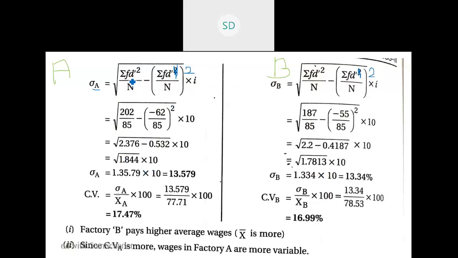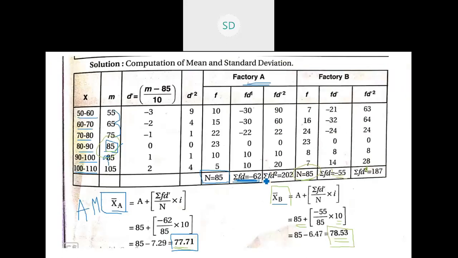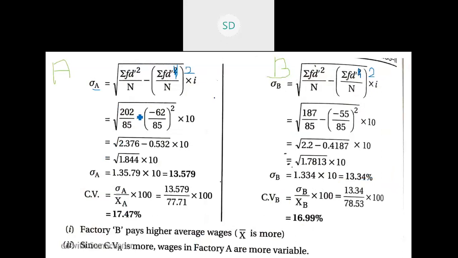Now let us put in the values. Sigma fd dash square is this value here for A and for B, so it is 202 and 187, divided by 85. The N value is 85 in both cases.